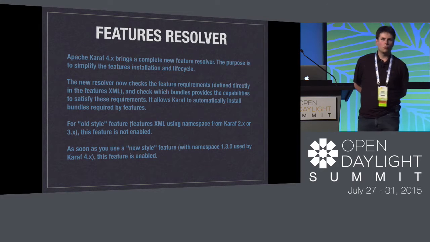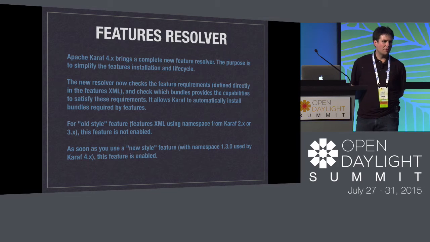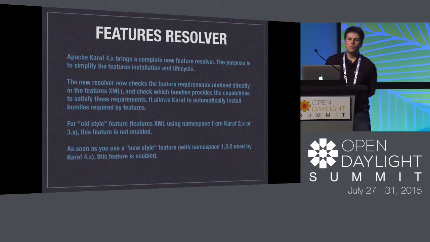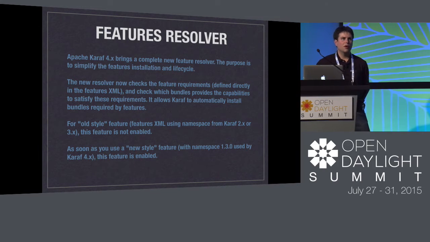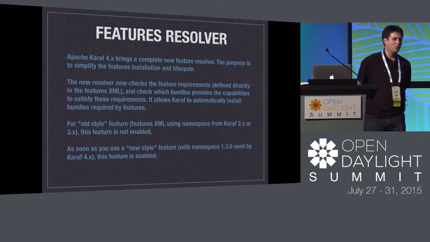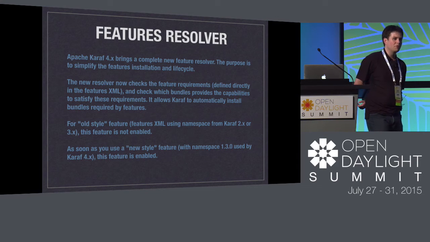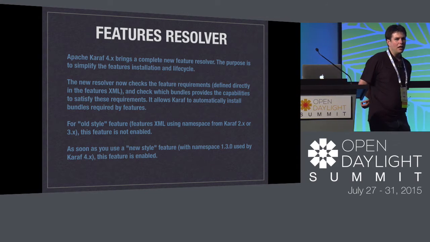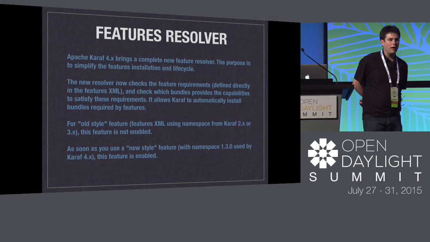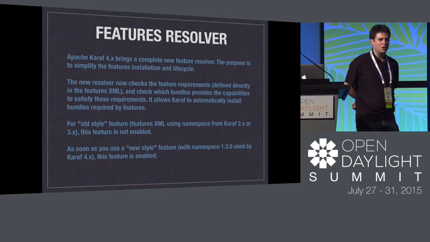Older features, where we can, should be able to do new lifecycle type things, such as the start and stop of a feature. When you're trying to mix it in to do something from a requirement, though, you're going to have to look on a case-by-case basis. If that old dependency needs to rely on there being a requirement, you're going to want to update that if you have access to it, but it should still be able to install that feature target into the container and start it up as normal.